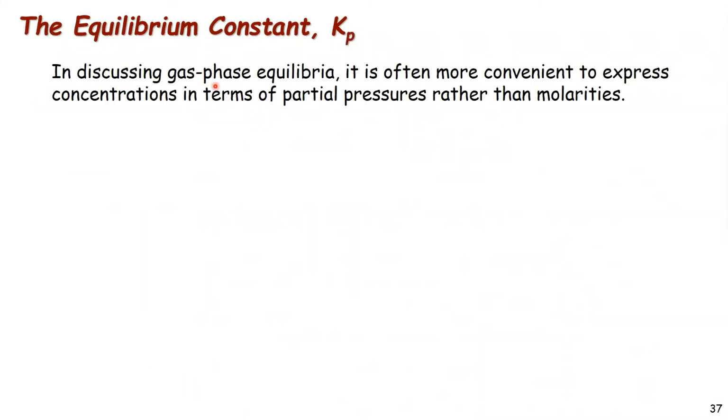Let's start discussing gas phase equilibria. Now we're going to introduce a new equilibrium constant called Kp. It's often more convenient to write the equilibrium constant in terms of pressures, because that's how you're measuring gas reactions. You're just using a simple pressure gauge.